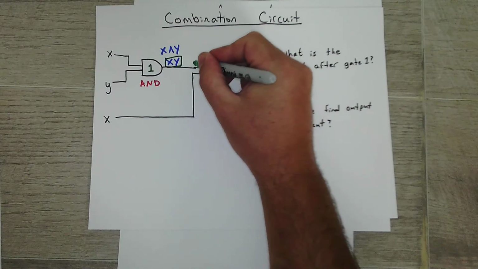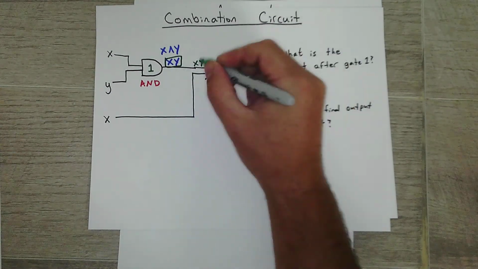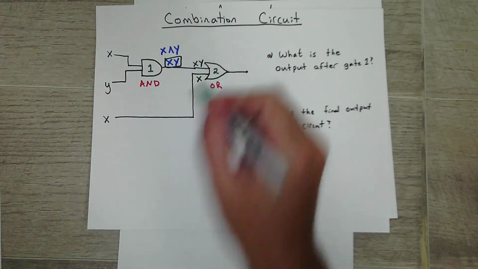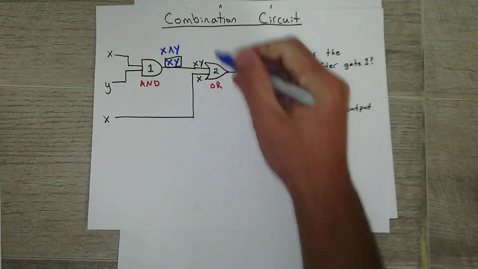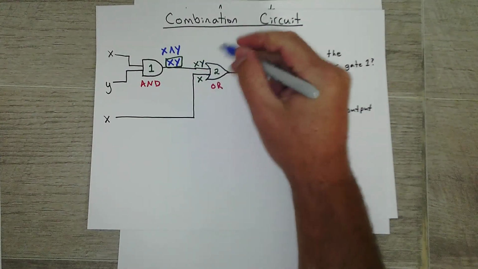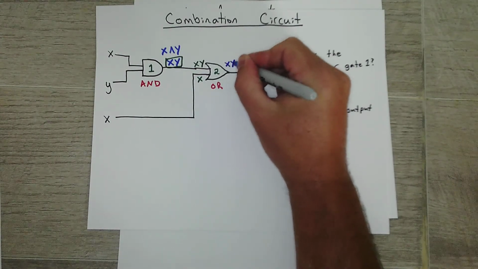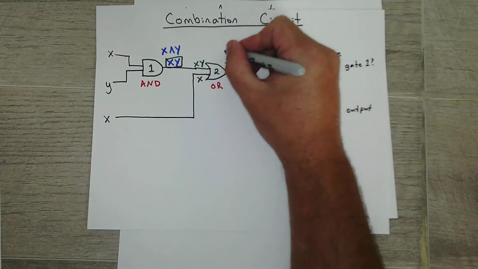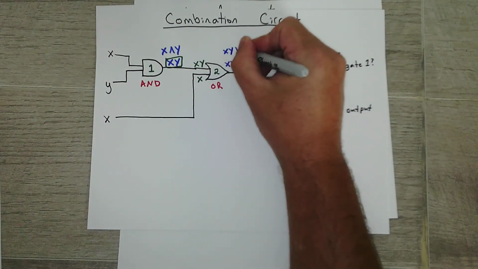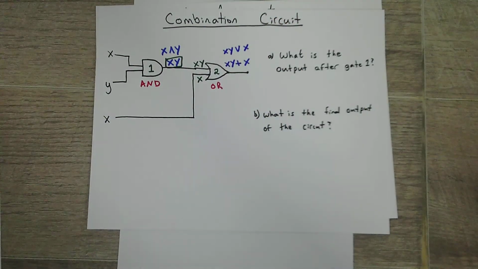That is now the input for this one, and the input here for this line is just X. The OR gate output is going to be this or that. So XY or X. Or if you wrote it using the other notation, XY or X.